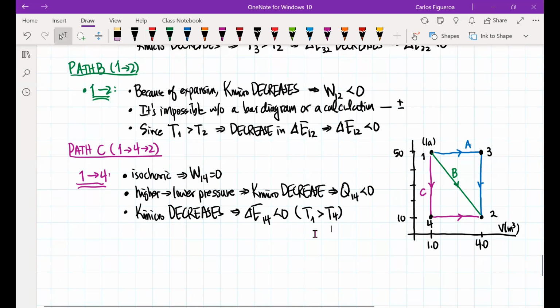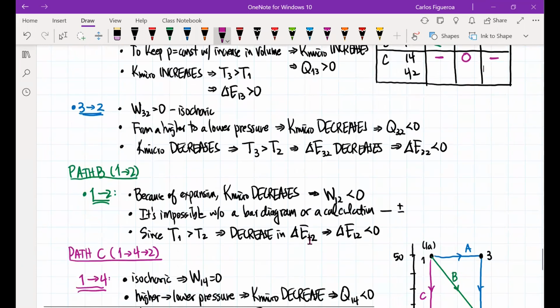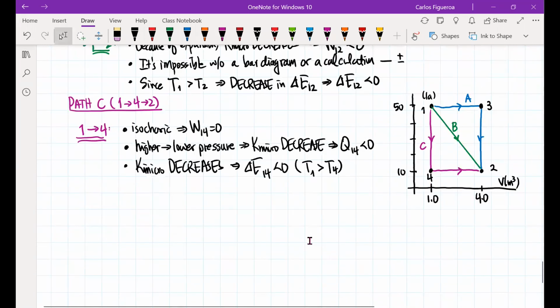So if I come up, look what I'm going to do. If I go from 1 to 4, I know that this is an isochoric process. I'm removing heat, and therefore the internal energy decreases. And then I'm going to go from 4 to 2 now. So when I look at this, what's happening? Well, because of the expansion here, right?